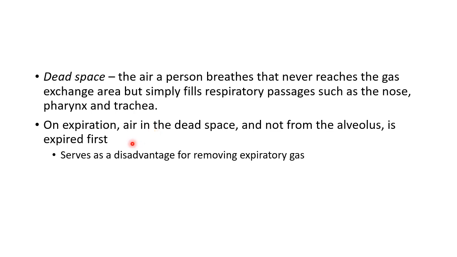So whenever the diaphragm relaxes and its elasticity causes it to ascend, and whenever the pull of the diaphragm is released, when the diaphragm relaxes, the elasticity of the lung due to the elastic fibers and the surface tension inside the alveolus causes it to collapse.